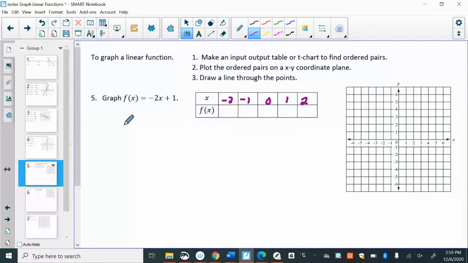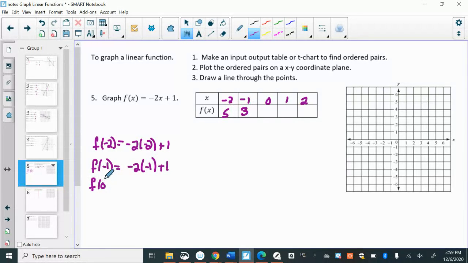If I put -2 in here, so let's say we want to find out what is f of -2, you get -2 times -2 plus 1. That's going to get you 5. F of -1 is going to be -2 times -1 plus 1, so that's going to be 2 plus 1, that's 3.